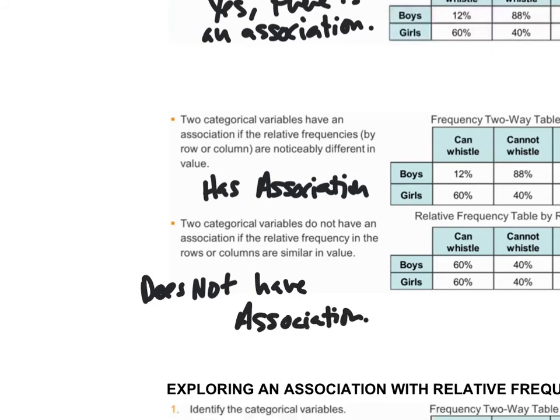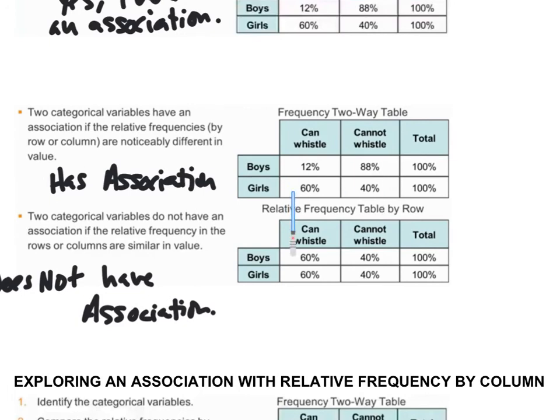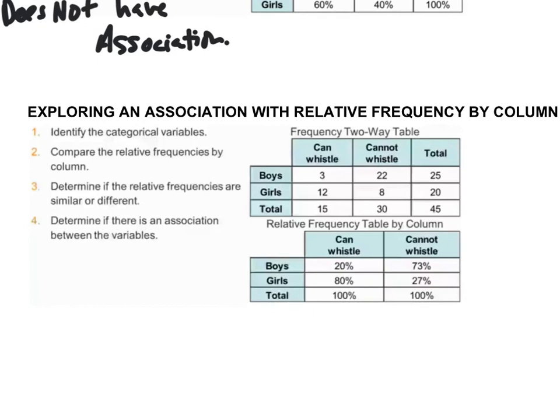The reason is that in this table, your values are pretty different from each other. However, in this table, the values are similar. So there isn't an association, and you can't draw a conclusion from this table, not like you can here. Here, it's clear that girls are better whistlers than boys, but here you can't make that same judgment call. Okay, let's move on to the last one.